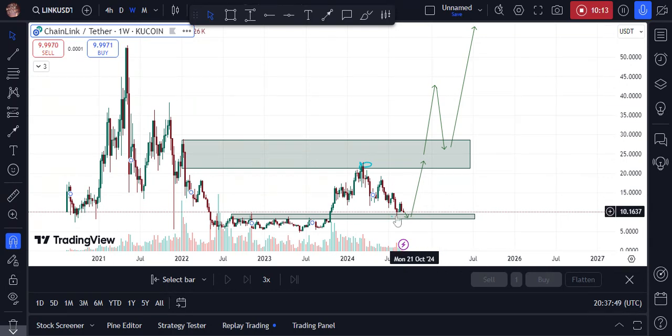So please plant your entry here and just flow with price to 400 to 500%. So if you are looking for a coin that will give you 400 to 500% in the short to medium term, please, Link USDT is the coin you really want to trade. So guys, get into Link now, get into Link today, and let's make this money.